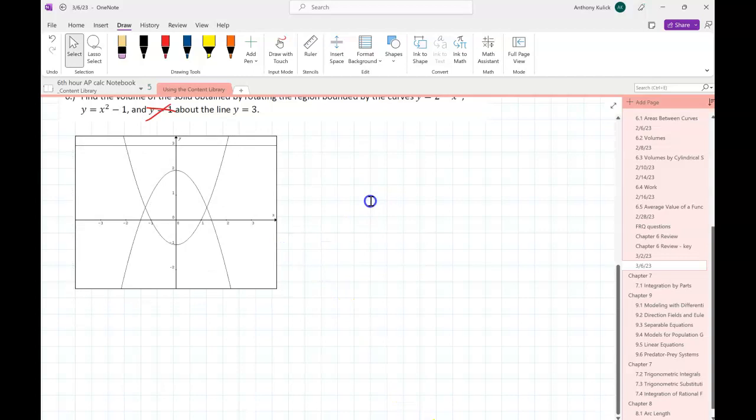All right. So we're interested in this region, and we're rotating it about this axis.